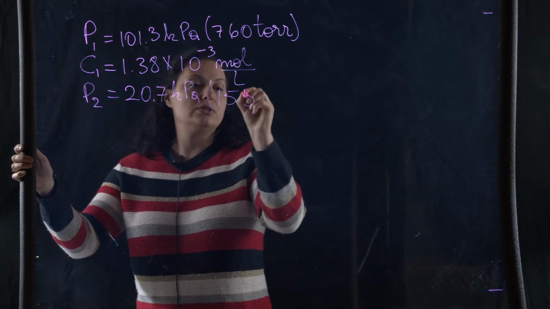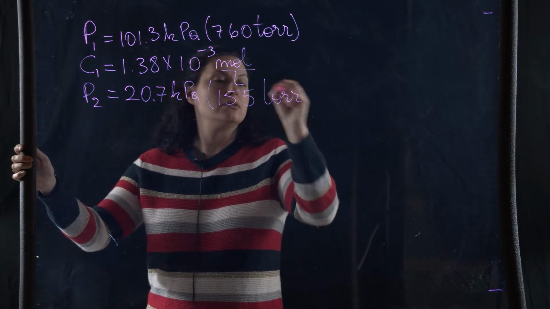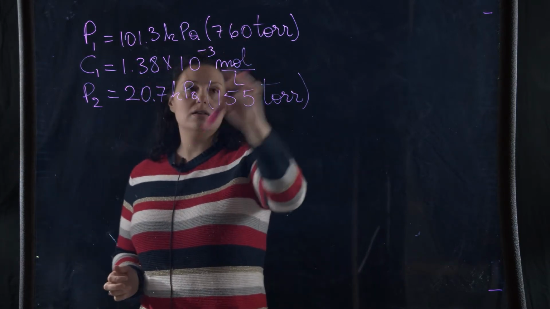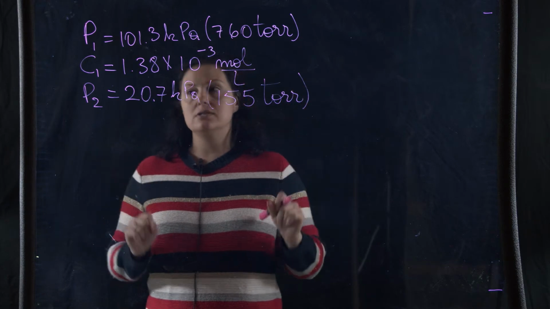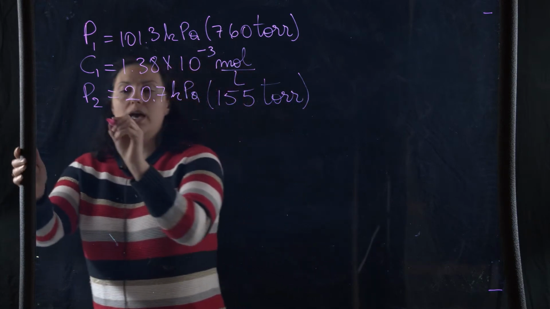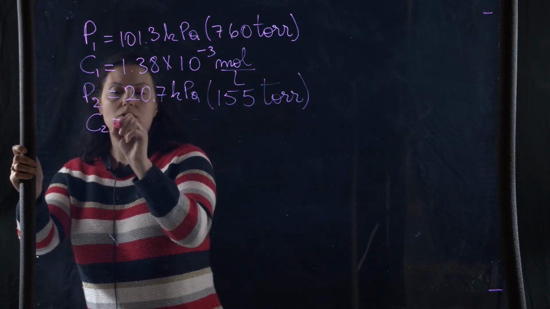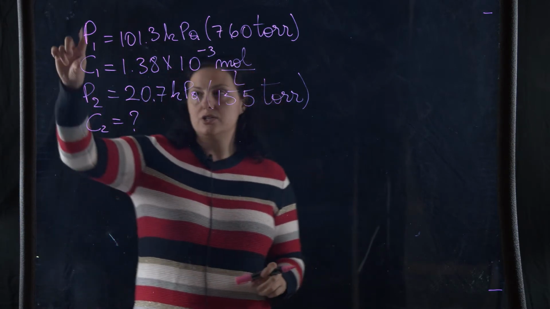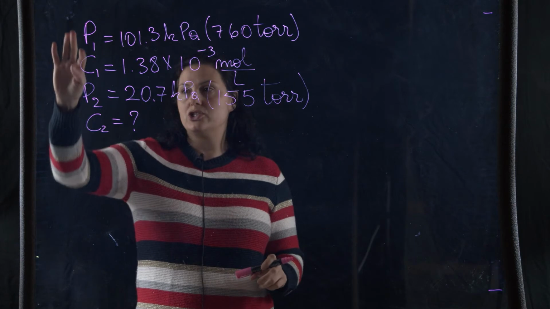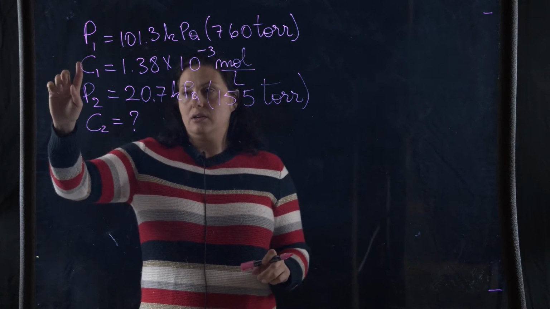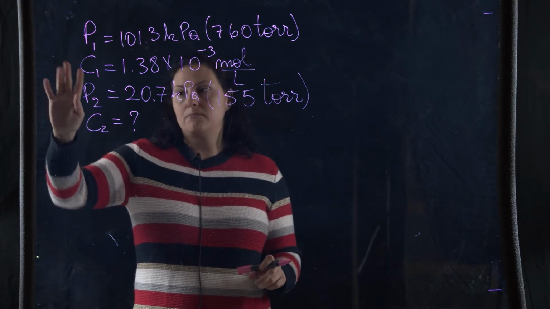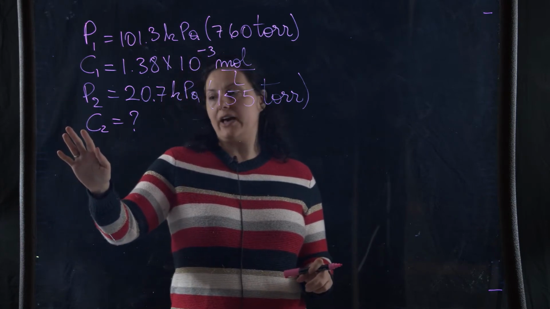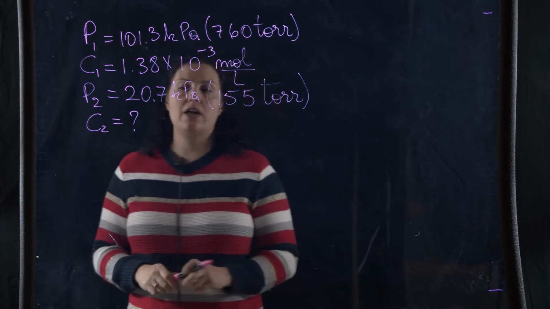You could use either unit, the kilopascal or the torr. Just make sure that it's the same units. And we're asked to figure out what the new concentration is for that pressure. So we have a corresponding pressure and concentration, and we have a new pressure, and we're asked to find the concentration for that new pressure.